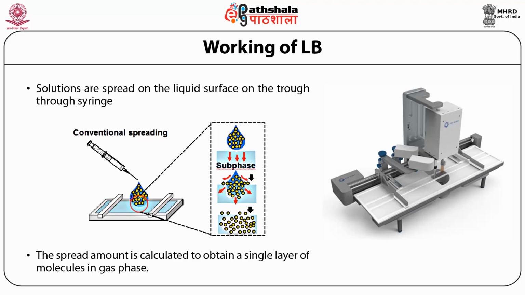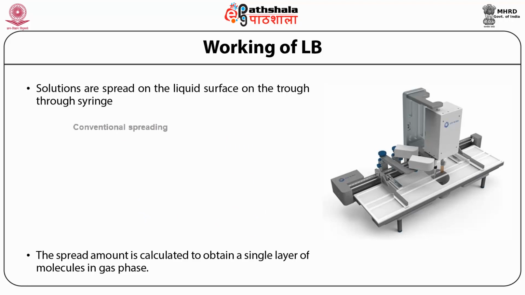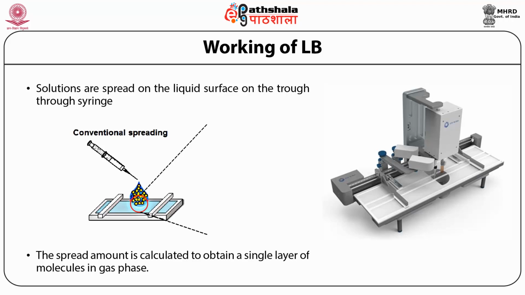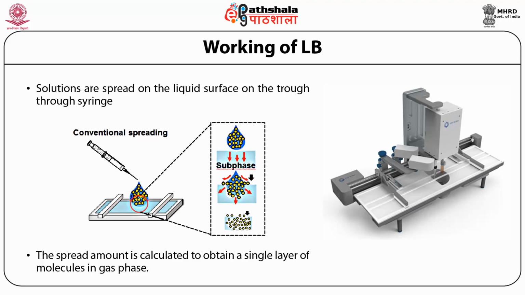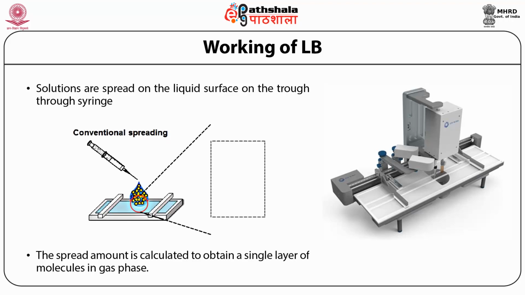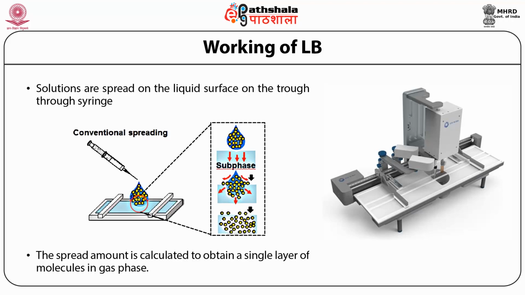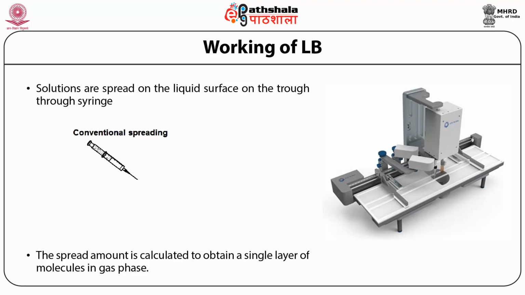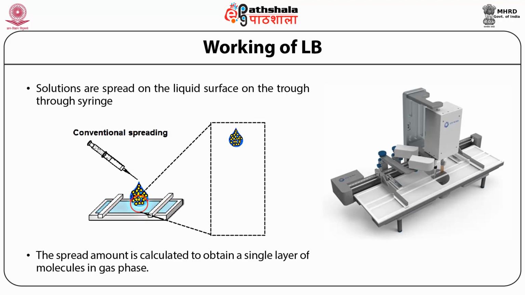We prepared the solution already, and there is water in this trough and two barriers, and we put a few drops of this solution so that the amphiphilic molecules are spread on the surface, and their concentration is calculated in such a way that only a monolayer of molecules covers the entire surface.